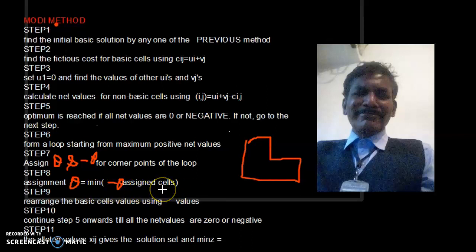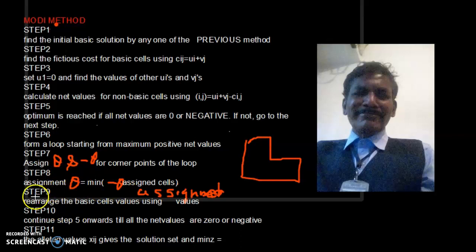Among the minus theta assigned cells, the minimum of the assigned values is the value we have to give to theta. Okay, that is step number 8.